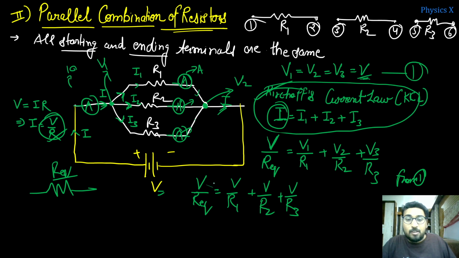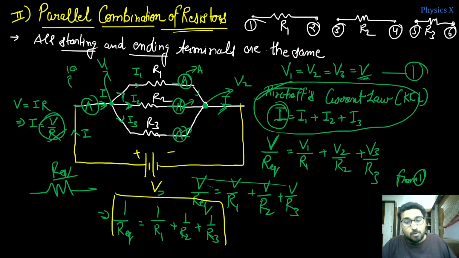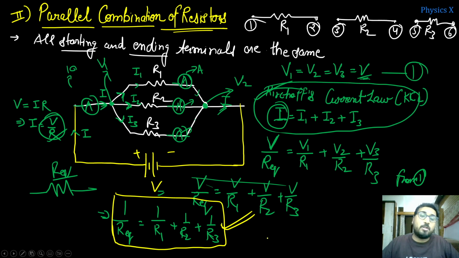So I can cancel these V from the numerator part. So I can write that 1 upon R equivalent is nothing but 1 by R1 plus 1 by R2 plus 1 by R3. So this is the formula for the parallel combination of the equivalent resistances. Of course, you can solve this and you have to reciprocate it to find the value of the R equivalent resistance. So this is the formula for the parallel combination of resistors, which you should remember.